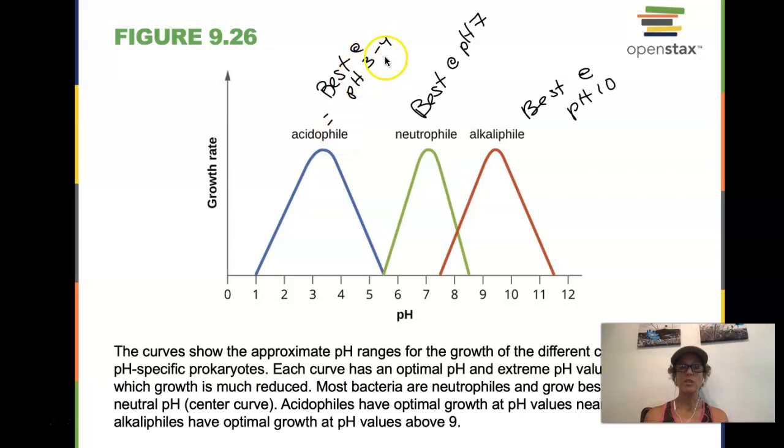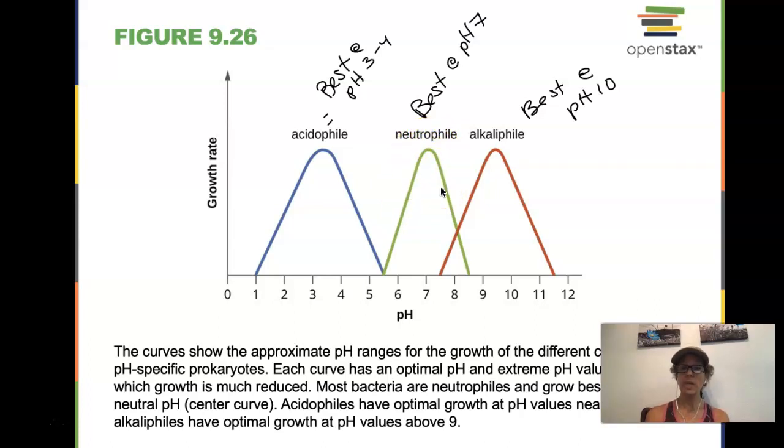The best pH is around 3 to 4 for acidophiles, but again, a range. And the best pH is around 10 for an alkalophile. There's always a range of growth, but most living things are going to really appreciate that neutral area, somewhere in that 6 to 8. But it does drop off pretty steeply.